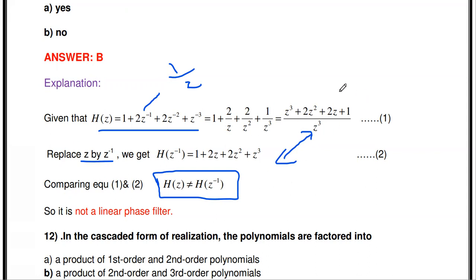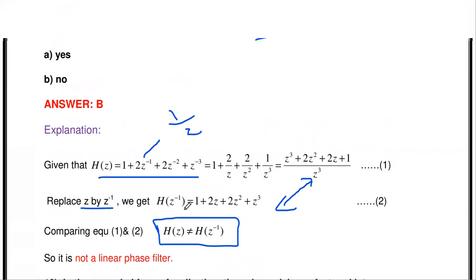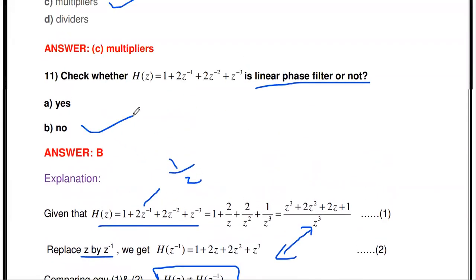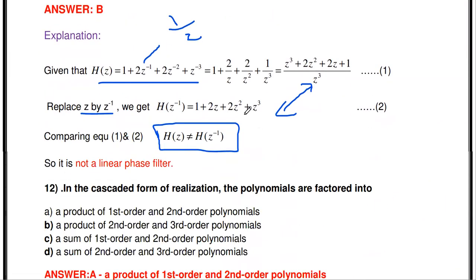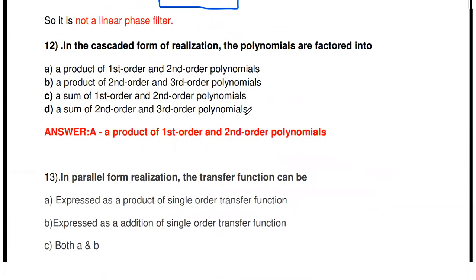H(z) is this one, H(z inverse) is this one. H(z) has this term divided by z power 3, while this term has only the numerator. So H(z) and H(z inverse) are not equal. That's why the filter is not a linear phase filter. So the answer is no. This is one of the problems.